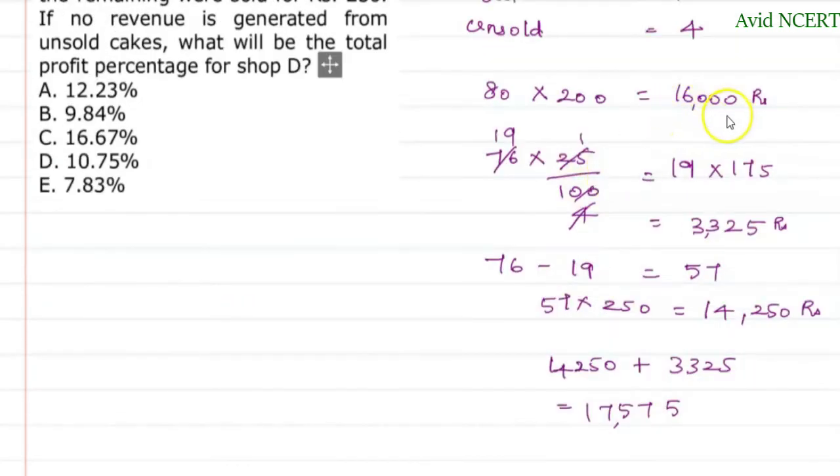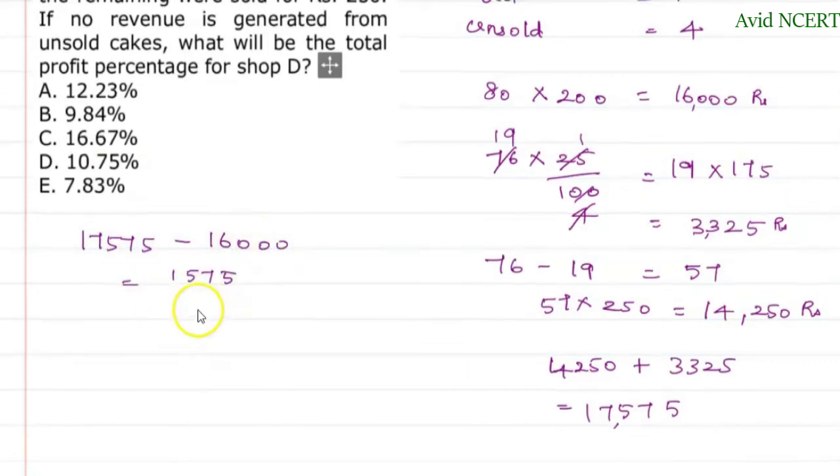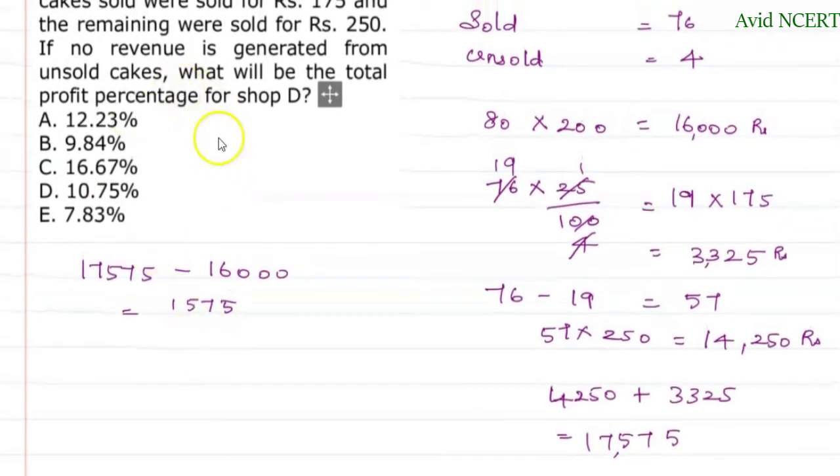The cakes were made for 16,000 and sold for 17,575, so it is 17,575 minus 16,000. The profit they made here is 1,575 rupees. What will be the total profit percentage?